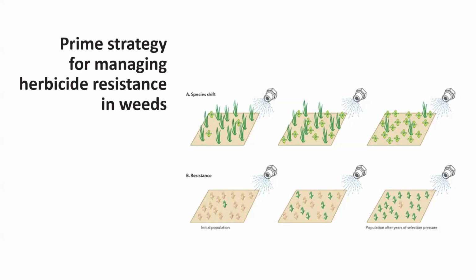When sprayed with herbicide, there are plants that are able to survive, the resistant plants. These plants then grow and develop, and over time the land is dominated by the resistant plants.